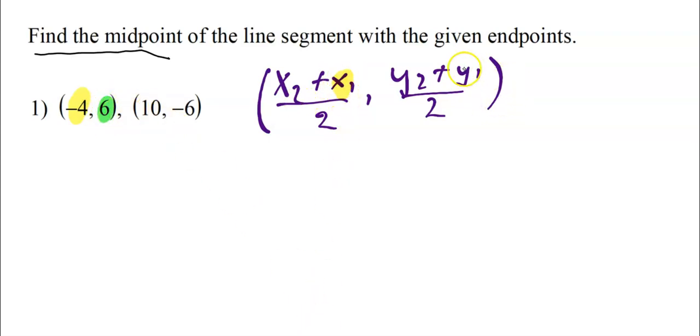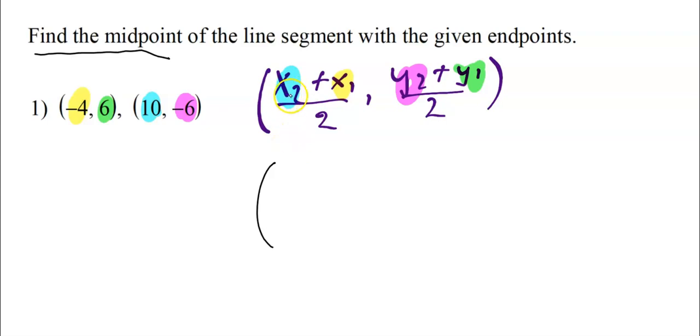First y value. Second x value. Second y value. That's what the 1 and the 2 mean. First, second. First x, second x. First y, second y.